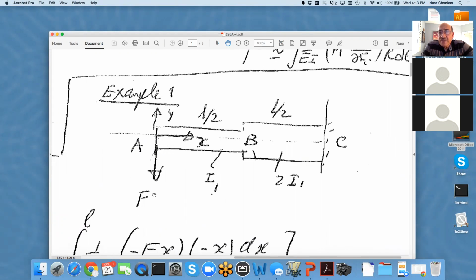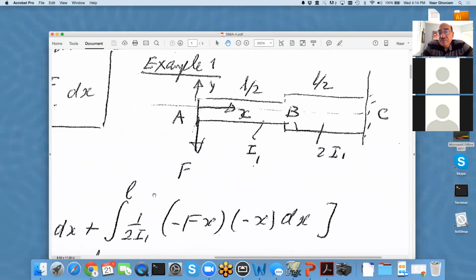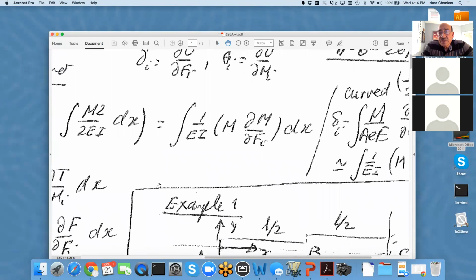We have a force F, and the deflection is going to be in the direction of this force. So I have to find the elastic energy in terms of this force, and then take its derivative with respect to this force. And as we saw here, that boils down to writing an equation that includes the product of M times the derivative of M with respect to the force.